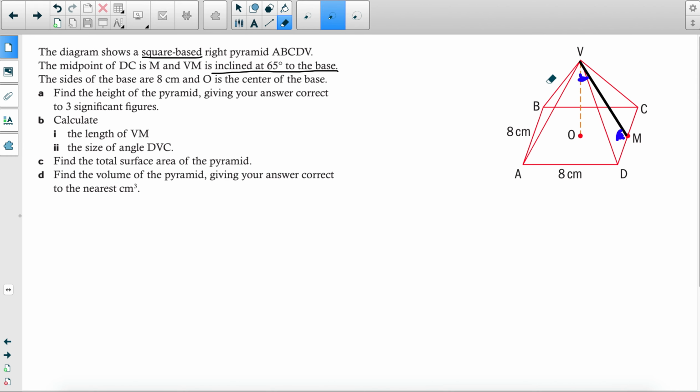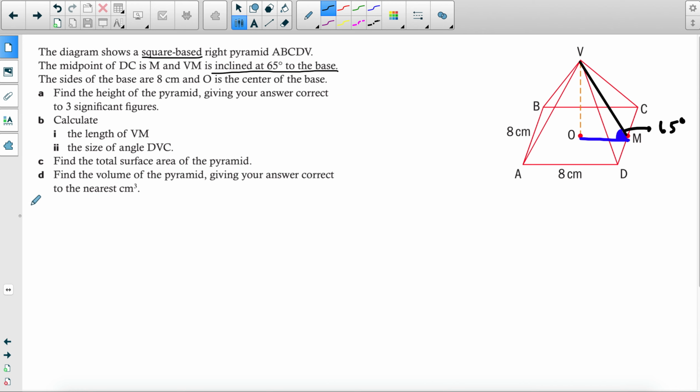So actually 65 is the angle at the bottom. You need to be aware of this type of language that they use in a question. So this will be our 65 degrees. The sides of the base are 8, and O is the center of the base.